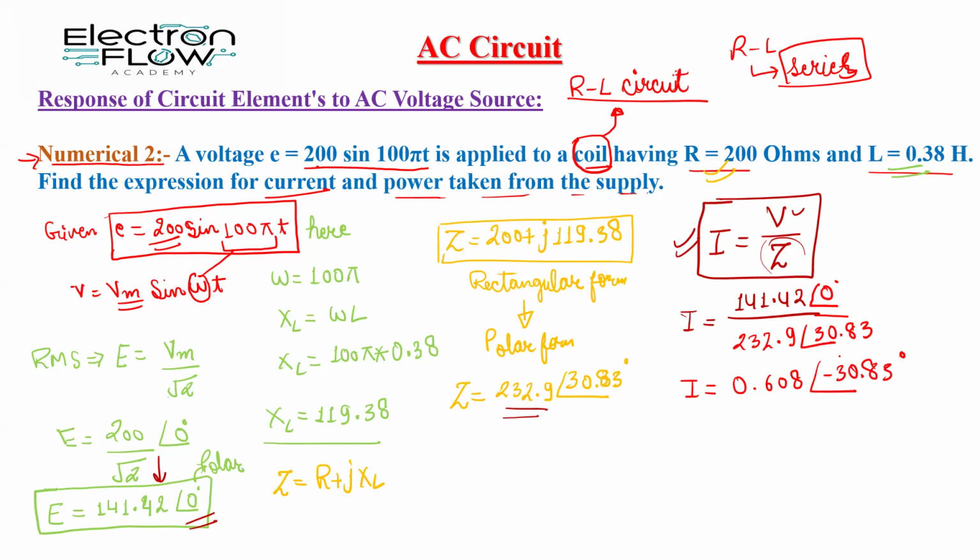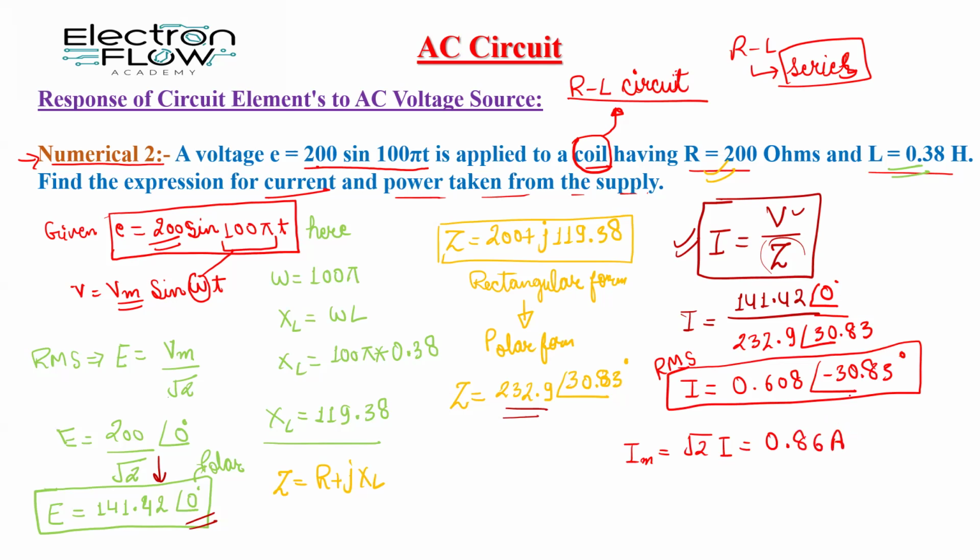This is the RMS value of the current. What will be the maximum value of the current? The maximum value of the current is root 2 times the RMS value, which is equal to 0.86 ampere.